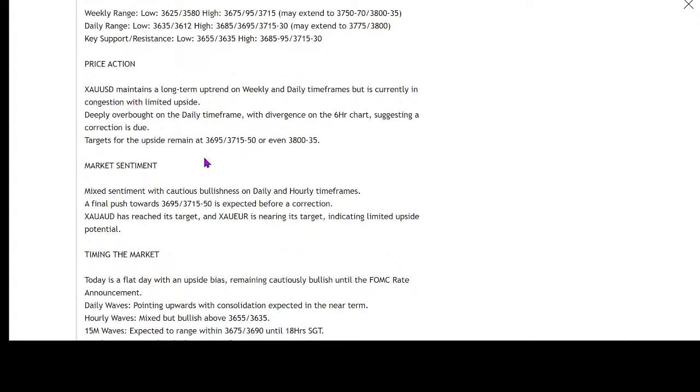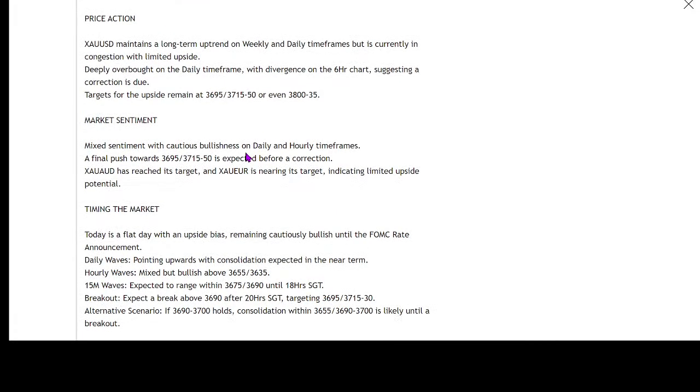So the target for this upside remains 36.95, which is out because this is already cleared today, and we are looking at 37.15 and 37.50, or even 38.00 and 38.35. So the market sentiment, we are looking at mixed sentiment with cautious bullishness on the daily and hourly time frame. A final push towards this level is expected before a correction.